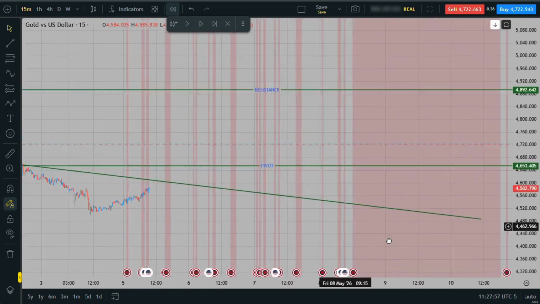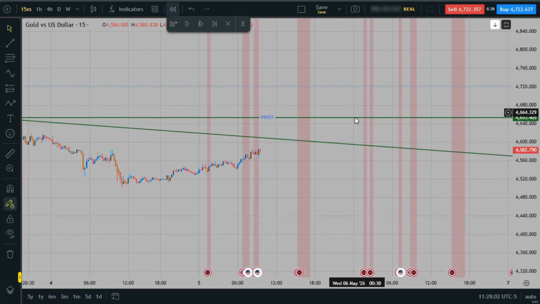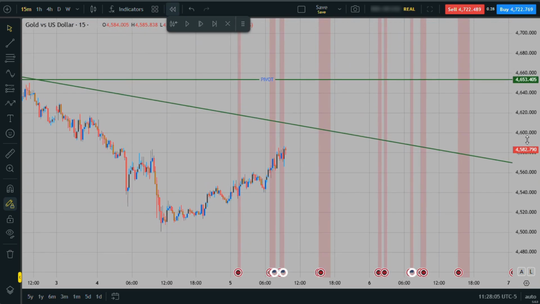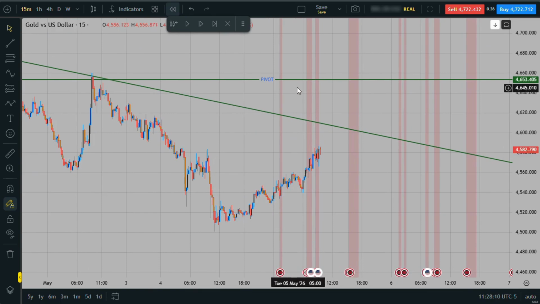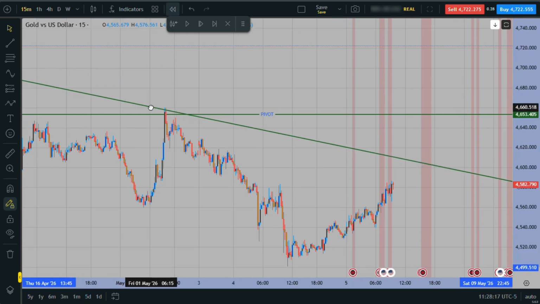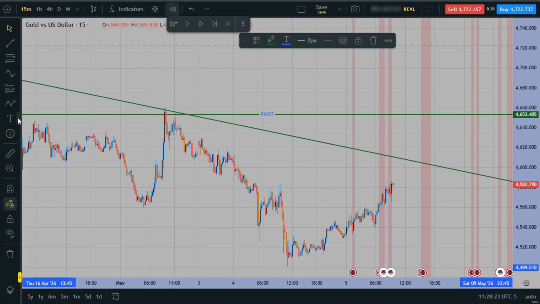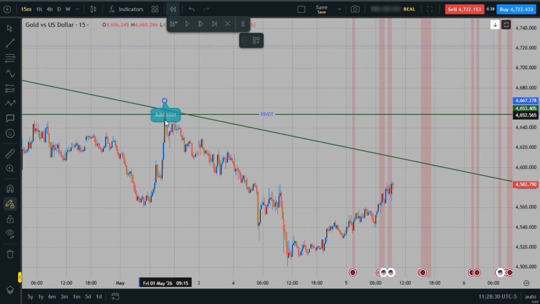So my goal was for price to either break this trend line here and continue up, or come and reverse at this trend line here.